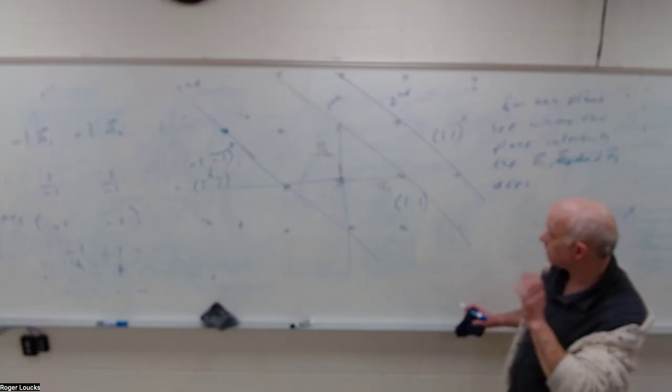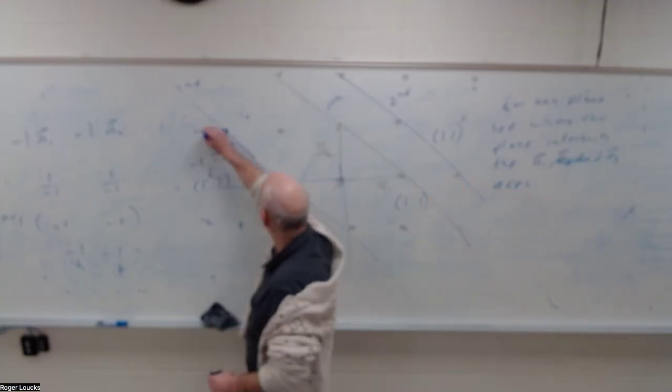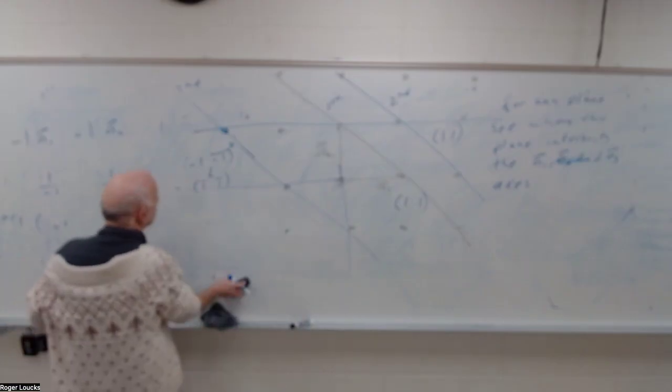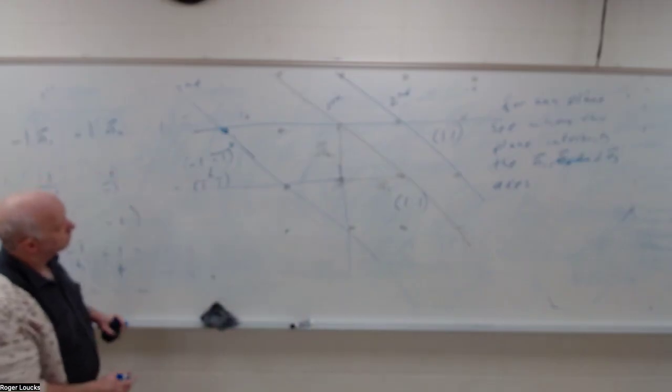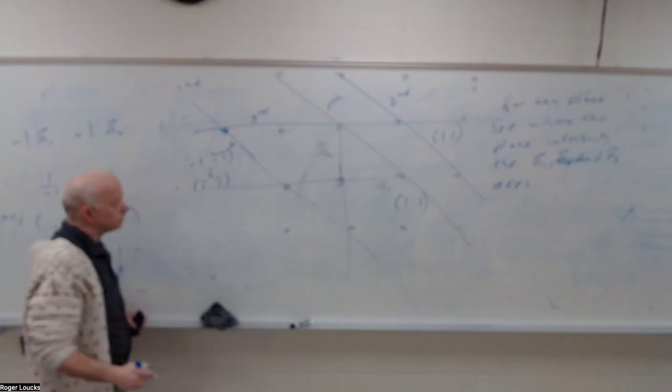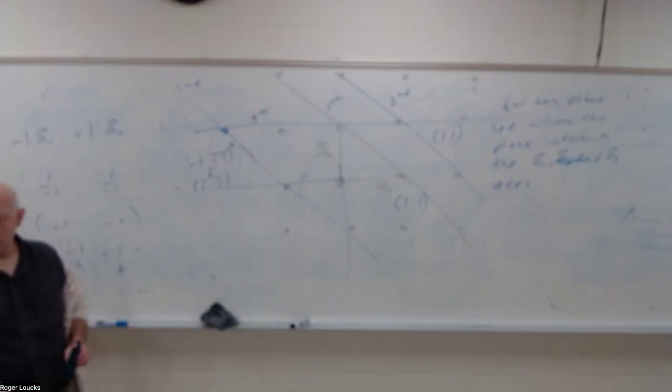Let's try one that looks like this. What is that one? This would be our third plane. Where does it intersect A1? At infinity. This is A1, and this line is parallel to it, so where does it intersect?